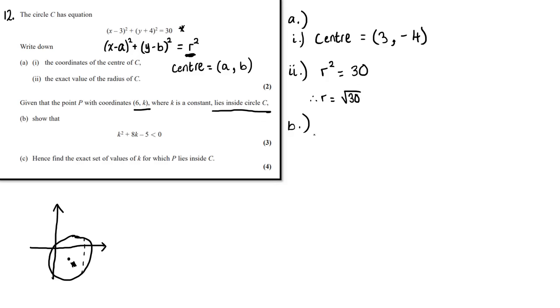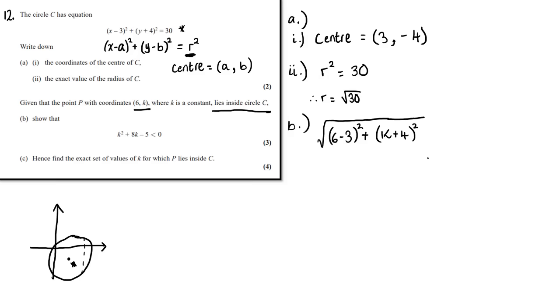So in that case for B, what we say by finding the distance is the square root of, so it's going to be 6 minus this value here, so (6 minus 3) all squared, plus, and then it's going to be k minus minus 4, so that becomes plus 4 there. So we get (k plus 4) squared.